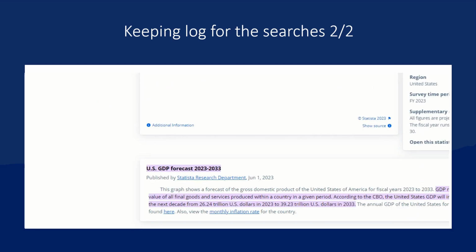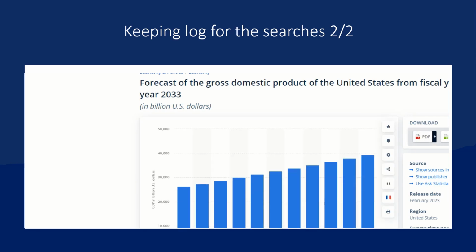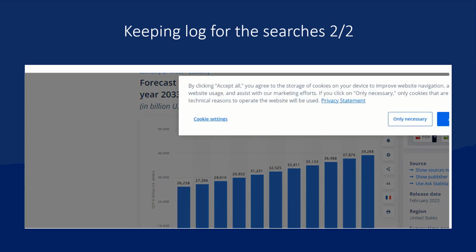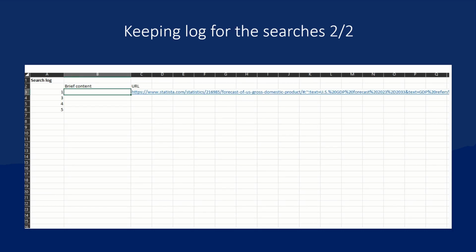So I'm going to take a copy of this URL, and I'm going to paste it here. And on the side, I'm going to say US GDP forecast. So you see, this way you can record your searches and keep a track in one place.